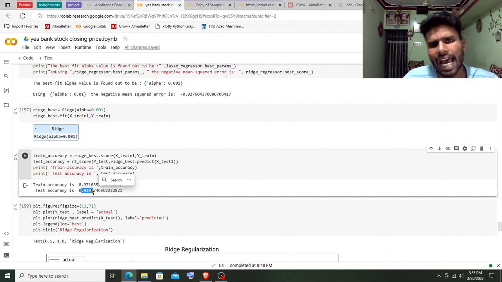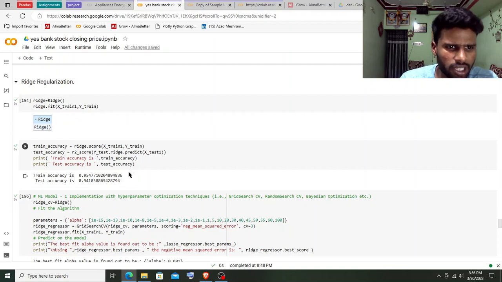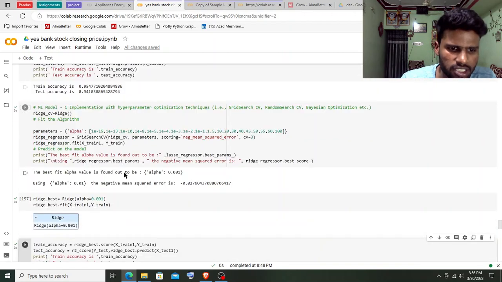Not that much reduction in accuracy, but still for our study we could say yes, the accuracy has decreased. So at this particular point we could consider our best model as this one, without any regularization.